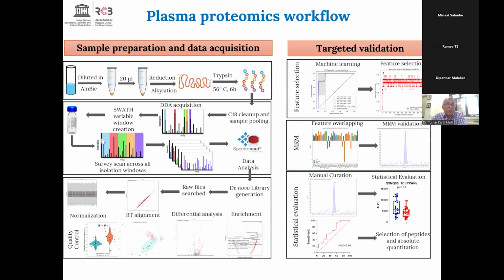We then injected the samples into the micro LC setup with the ZenoTOF 7600 system with the SWATH DIA workflow. Once the data was acquired, it was analyzed in Spectronaut, which is software available from a third party.